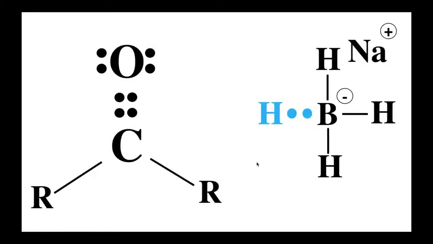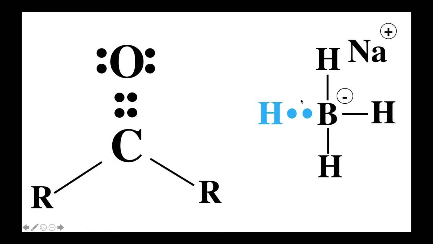Let's refresh on the mechanism behind that reaction. On the left-hand side, I have sodium borohydride. This is the Lewis structure of sodium borohydride. Observe that sodium is just a counter ion here to balance the negative charge. It's not going to participate in the reaction.